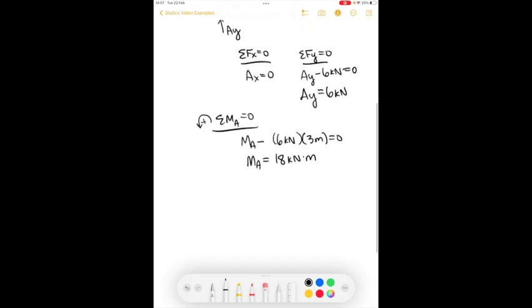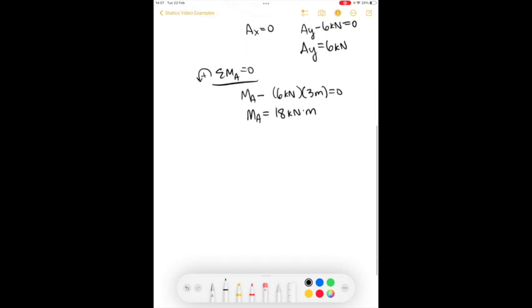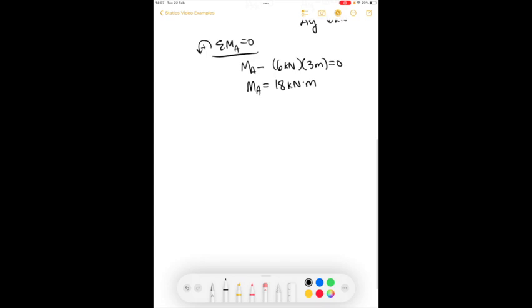Now that we have reactions, let's start drawing our shear and moment diagrams. So first, I'll start with the shear. We always start with the shear diagram. So here's a positive shear, here's a negative shear, and this is moving along in the X direction. We know that we'll go a distance of 3 meters.